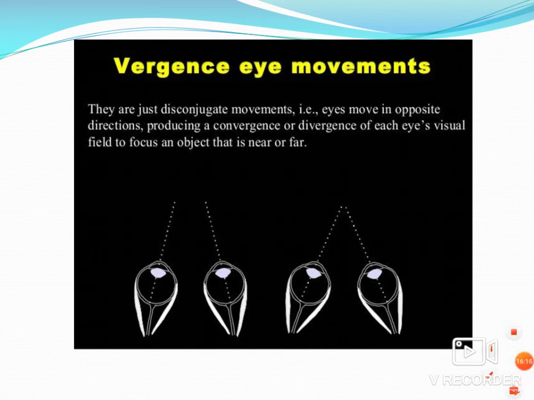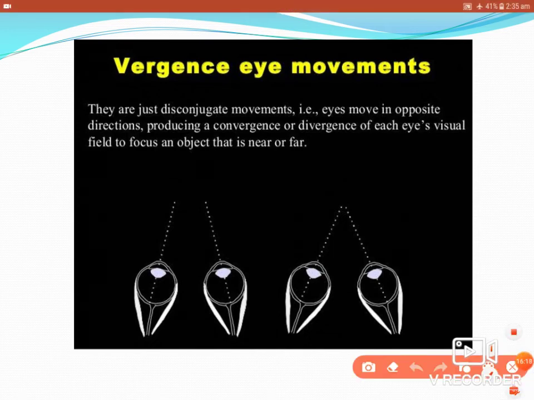Here you can see the disconjugate movements. Okay. In disconjugate movements, the eyeballs move in opposite directions.